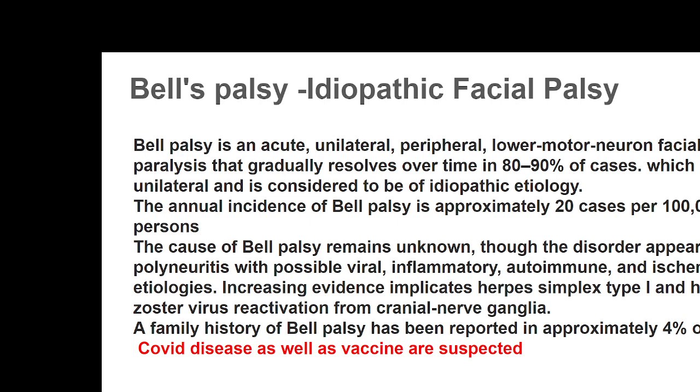The incidence of Bell's palsy is approximately 20 cases per 1 lakh population. The cause of Bell's palsy remains unknown, though the disorder appears to be a polyneuritis with possible viral, inflammatory, autoimmune and ischemic etiologies. Increasing evidence implicates herpes simplex type 1 or herpes zoster virus reactivation from the cranial nerve ganglia.